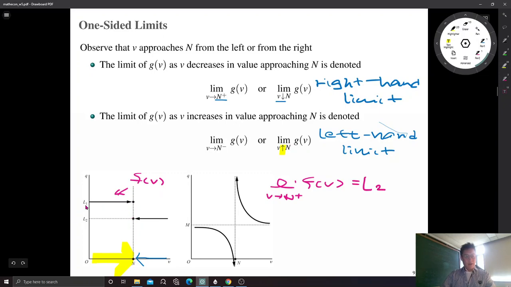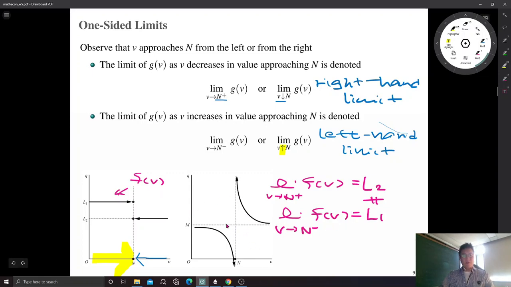On the other hand, for the left-hand limit, we gradually increase the value of v to approach number n. Then the corresponding function is heading toward this point, whose y coordinate is L1. So we can see the left-hand limit, as v approaches n minus of function f of v, is L1, which is different from L2. So at point n, we have two different one-sided limits.